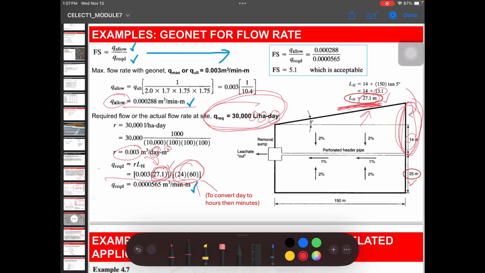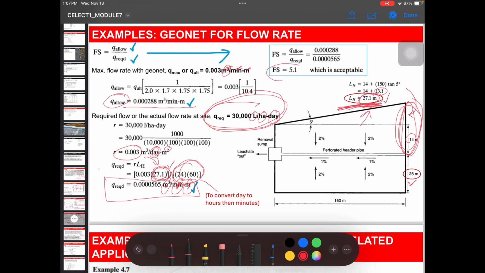So, we get na our Q required in units na similar doon sa Q max natin. Pares na silang cubic meter per minute. So, pag dinivide natin silang dalawa, cancel lahat.